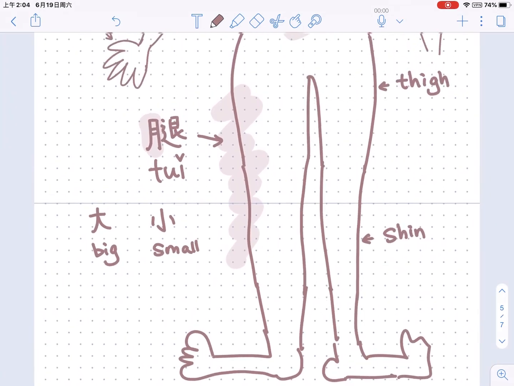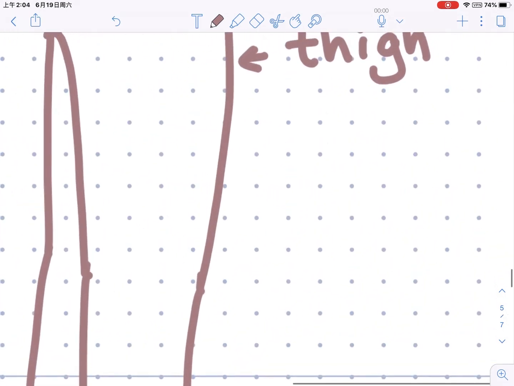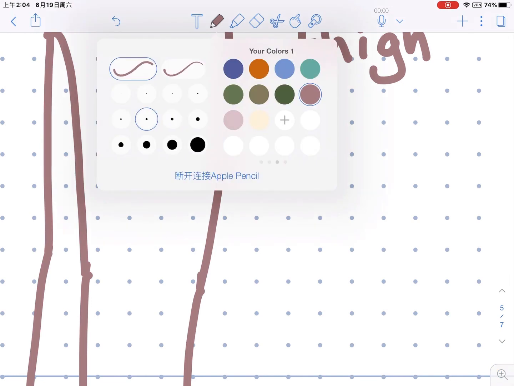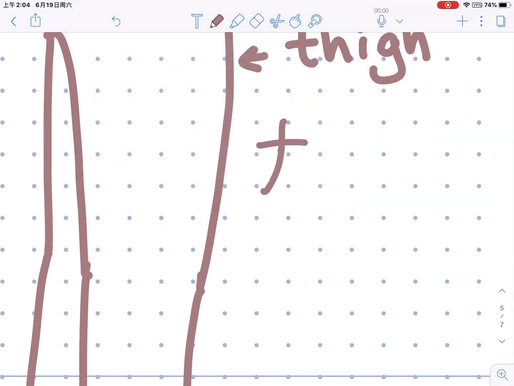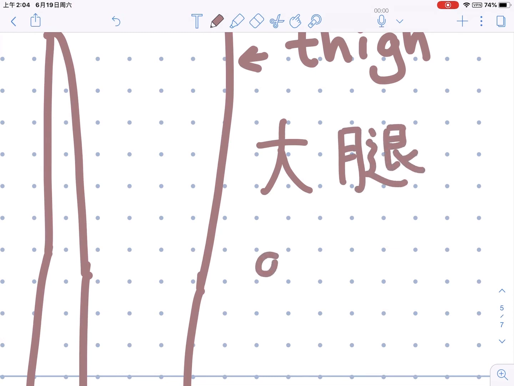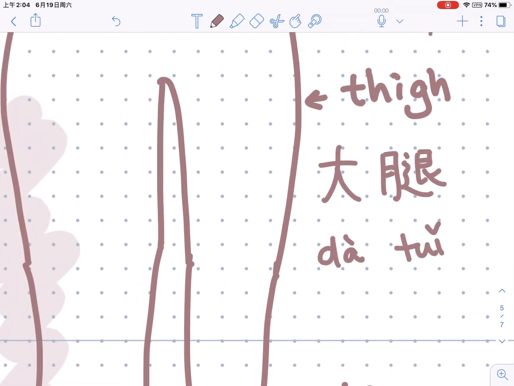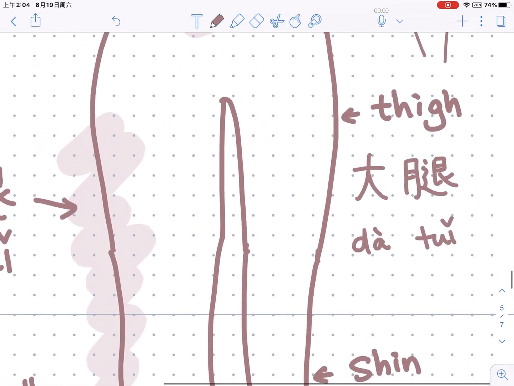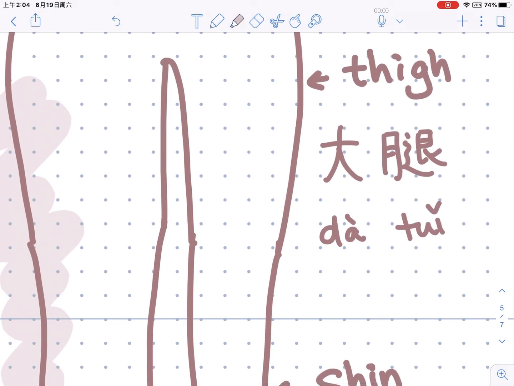So here, if you put 大 before 腿, then you would have 大腿. I will write it down. It looks like 大腿. It just means the bigger part of your leg, that is thigh.